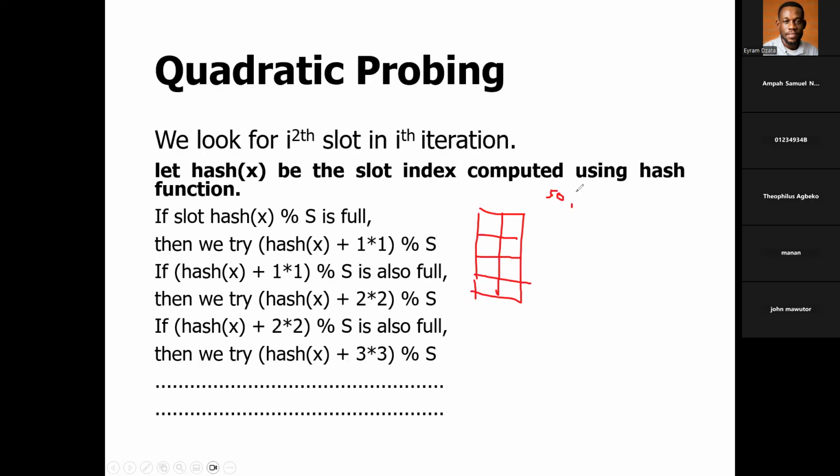And then we had 85, which also had a value of 1. And then 92 also had a value of 1. So it says 0, 1, 2, 3. And then we had 1 to be 50.